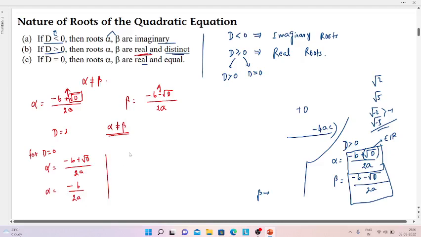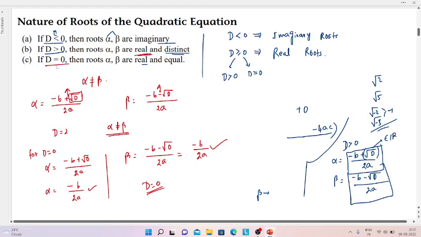For the case of beta, for D equal to 0 it will become (minus b minus root 0) by 2a, so it will become minus b by 2a, right? So here you can see that alpha and beta are the same for D equal to 0. But they are real because b and a are real terms, so minus b by 2a is definitely a real number.